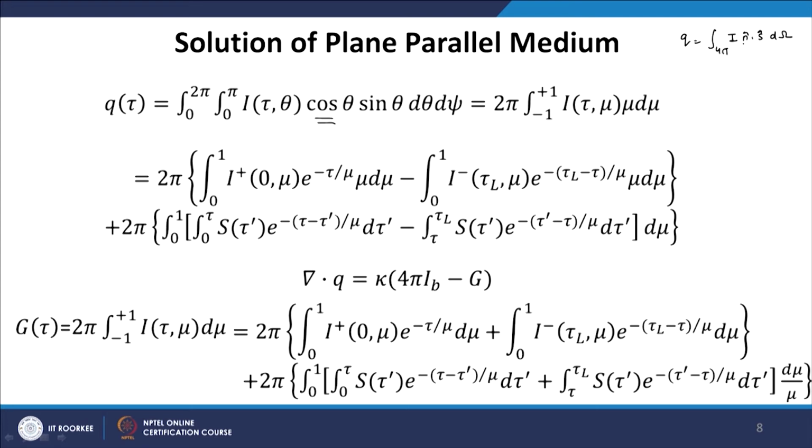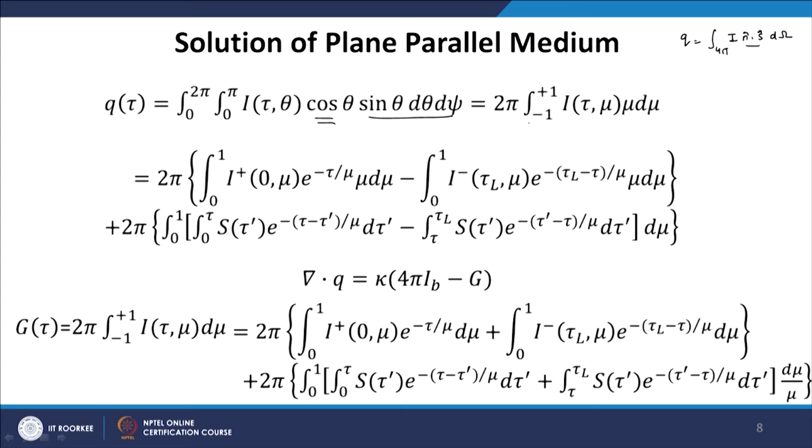That is the expression for heat flux. For n·s we have multiplied by cos θ, and the solid angle dΩ is sin θ dθ dψ. If we write in terms of μ, where cos θ is equal to μ, it will become simply 2π integration from −1 to 1 of I times μ dμ.